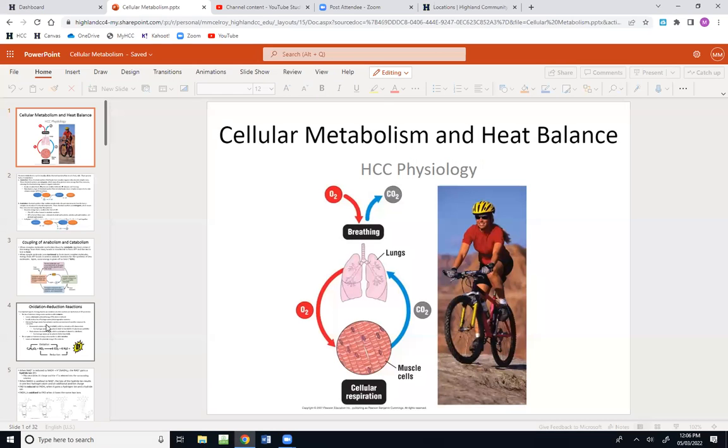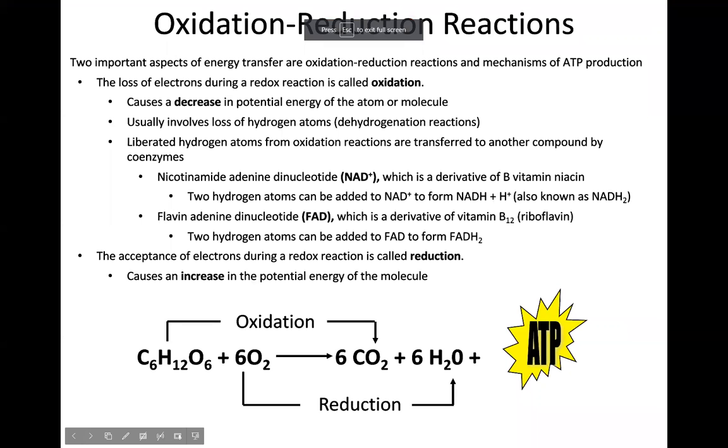So looking back, I left off on Thursday last week talking about oxidation reduction reactions. Oxidation, we learned, is the loss of electrons from a molecule, and that is also typically going to involve the loss of hydrogen atoms.